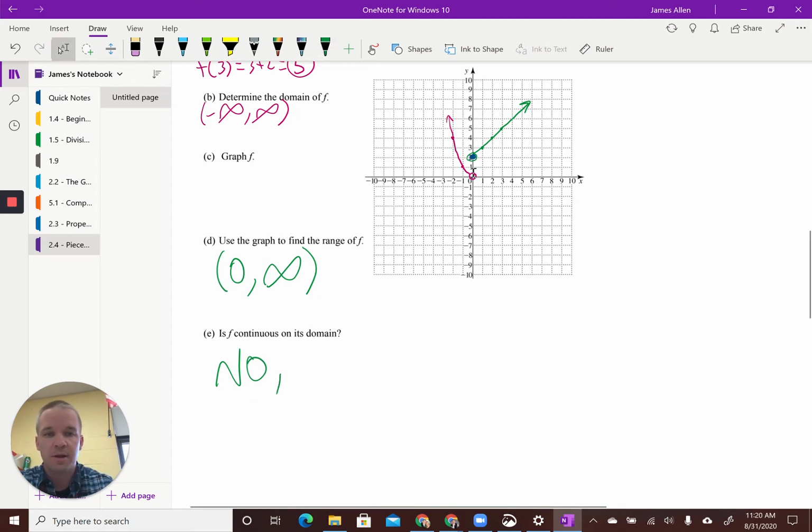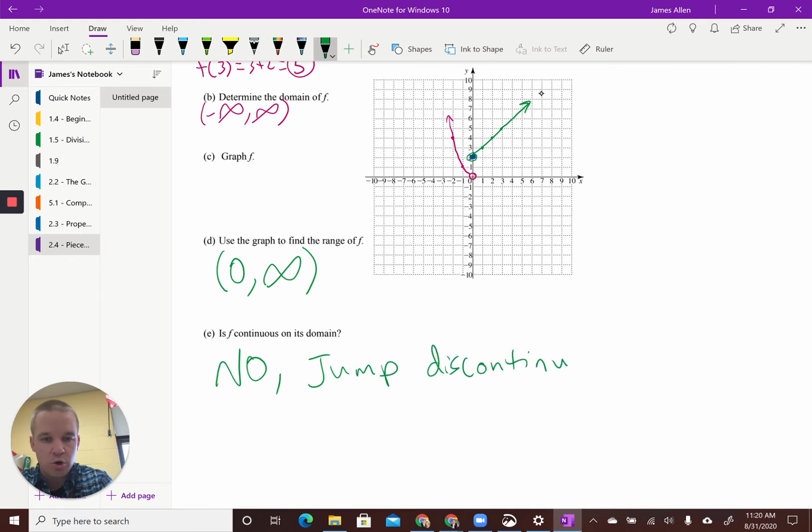It comes down the parabola as we're moving from left to right, jumps up to that single point in the constant part of the function, and then goes into our linear portion of the function. So, jump discontinuity. Sound it out. There we go.